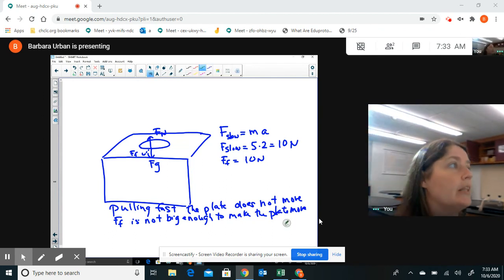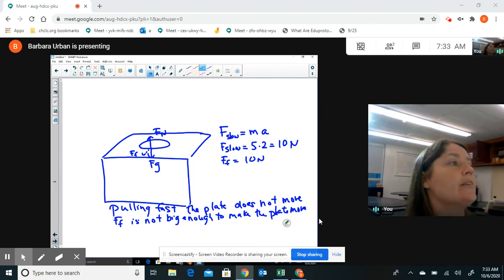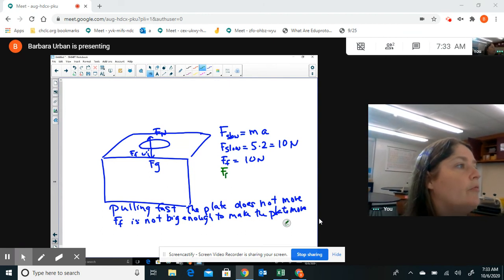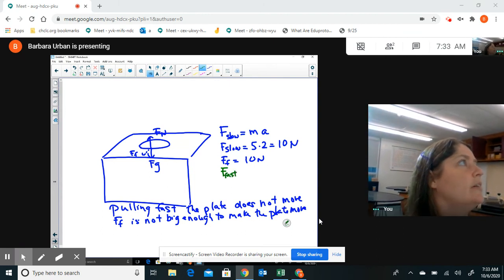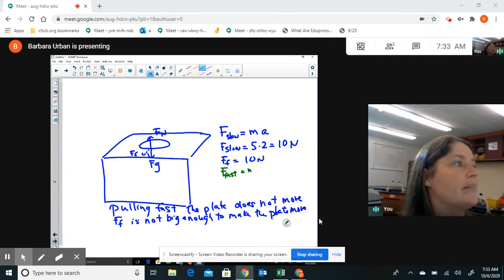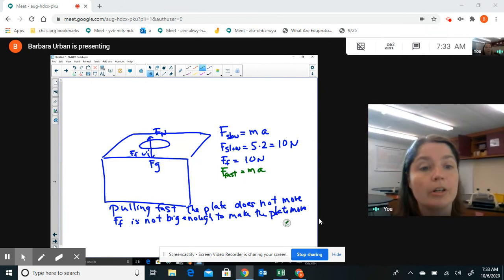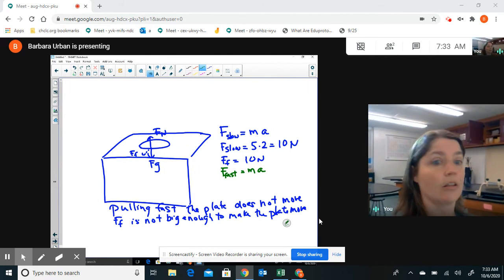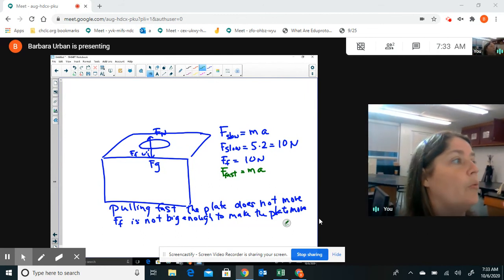Now, if we look at this scenario here where we're moving fast, the force on the plate when we're moving it fast has to be, again, the mass of the plate times its acceleration. And we're going to say the acceleration has to be the same as the tablecloth, because if it's moving with the tablecloth, the acceleration has to match that.